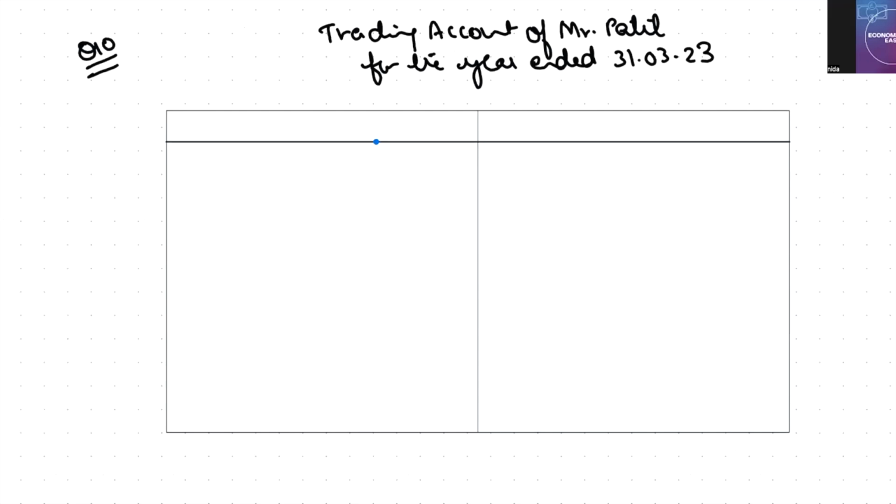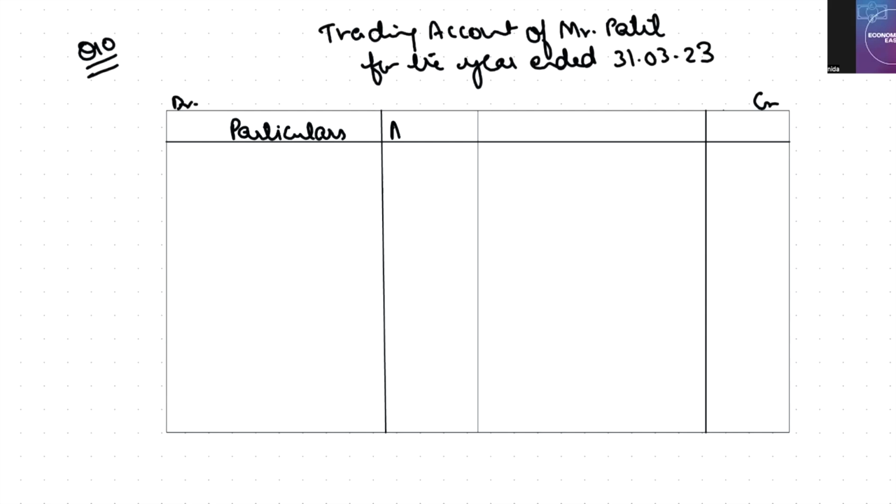Then start with the opening stock, then sales, and if returns are there, you can do that as well. First, I am going to complete the format and then see the question. You have to follow this only. Here you're going to write 'To', and here you're going to write 'By'. Now let's see the question.